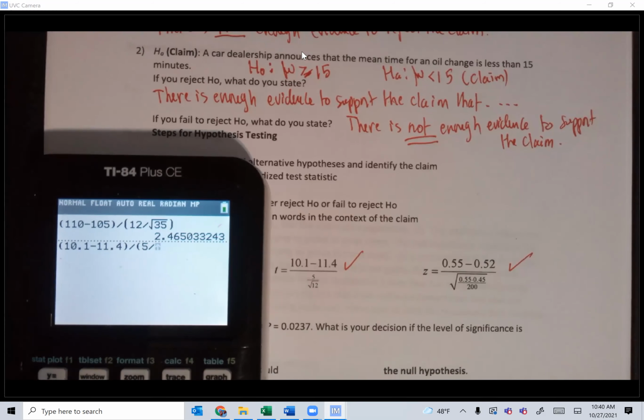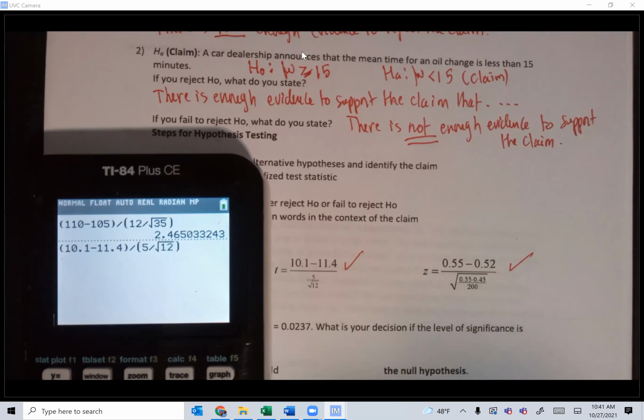Square root of 12, and close. Can you guys share the answer with me? What would you get here? Okay, negative 0.9. Yes, that is correct.